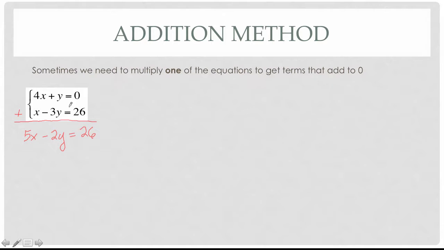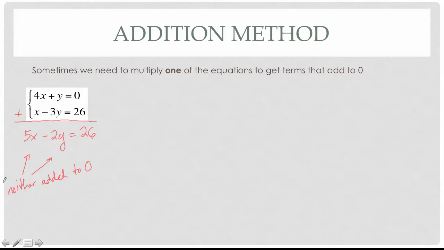Well, the whole point of adding them together in the addition method only works if I can get two of these terms to add up to 0. So if I look at my x terms and my y terms, neither in this case added to 0. So I can't get anywhere. I can't solve for x. I can't solve for y.